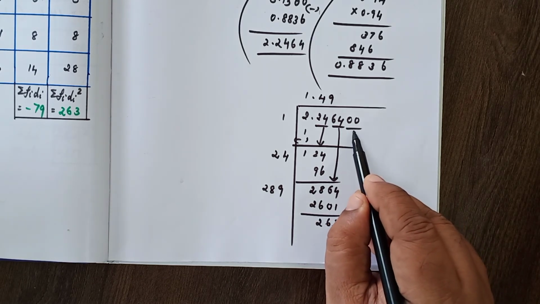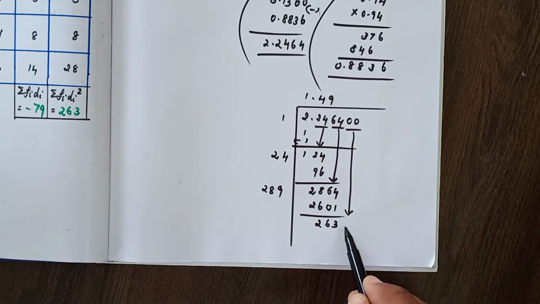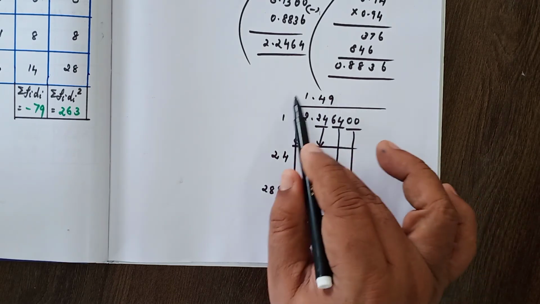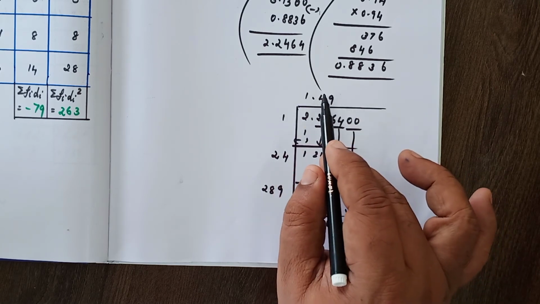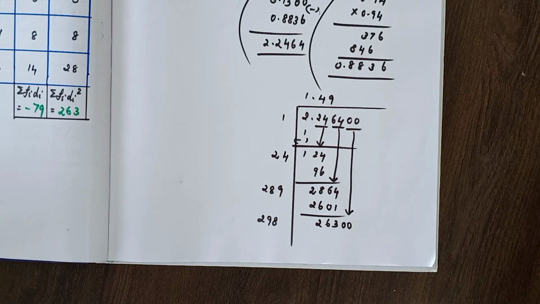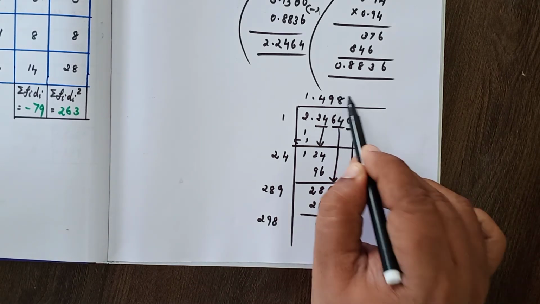Then I have to bring down 2 more digits, that is double 0. Then 149 multiplied by 2, you get 298. Maximum we can go up to 8 times.